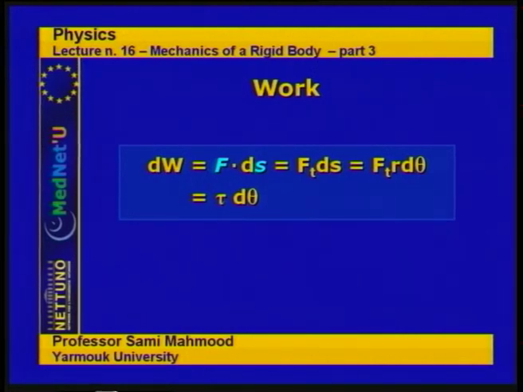If we take the dot product with the force, it picks up the component of the force that is in the direction of ds, that means the tangential component of the force, as we saw in the previous figure. So dW, the infinitesimal amount of work done as the particle moves a small distance ds, is simply F_t, the tangential component, times the arc length ds.